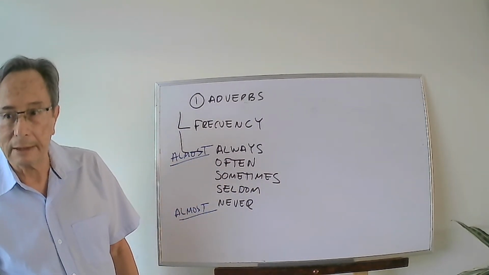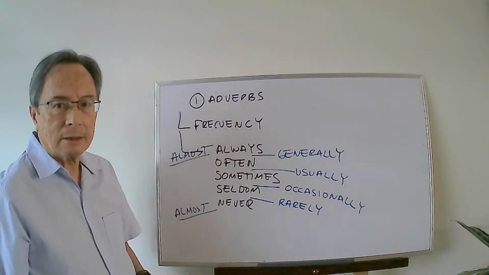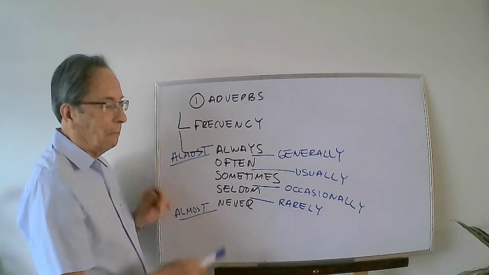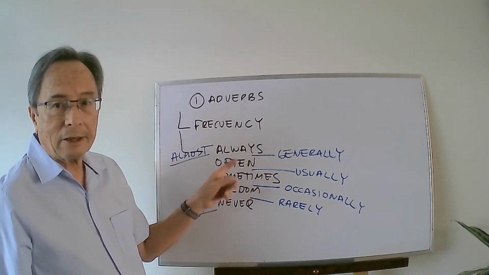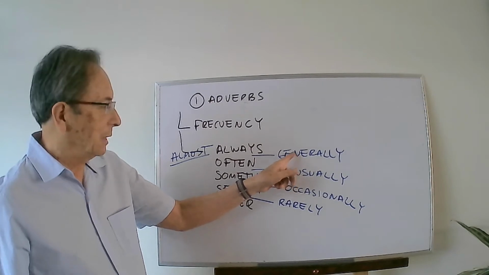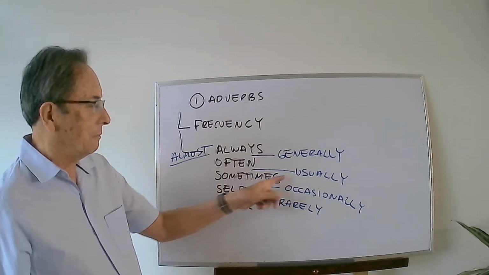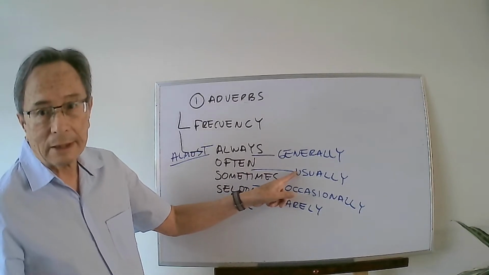Okay, more, más. We have some more frequencies. Between always and often, entre always y often, we have generally, generalmente. Between often and sometimes, entre often y sometimes, we have usually, usualmente.